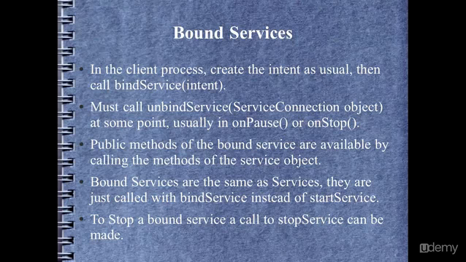At some point later, we must call unbindService through the service connection object, and this usually happens in onPause or onStop. Then, once we have a bound service, and if it's bound, we can call the public methods of the bound service from the client object.